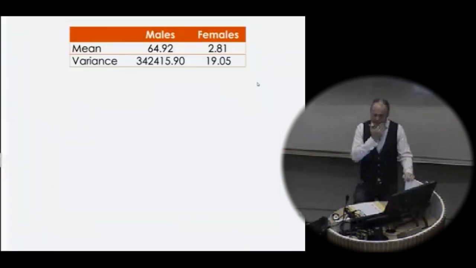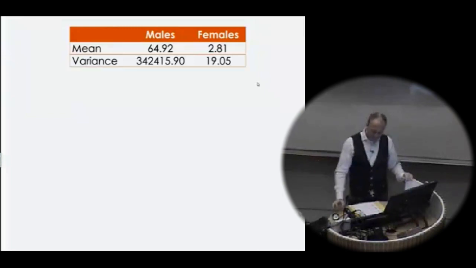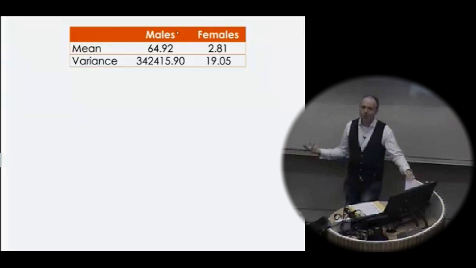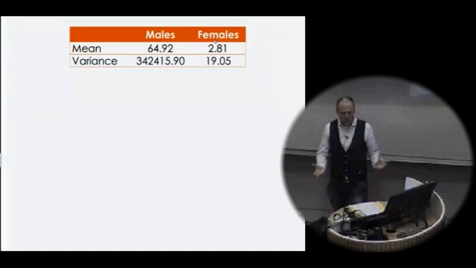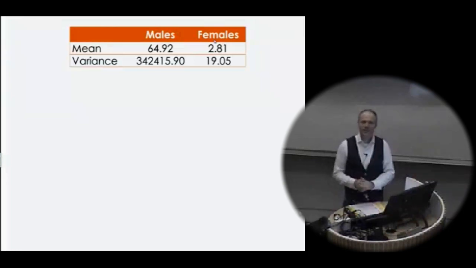Well, if you split the data by gender, you find that males, on average, report that they would like to have basically 65 sexual partners in the next 20 years. And females are a more respectable 2.81, so around 2 or 3.